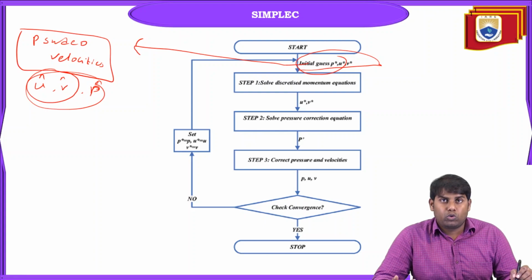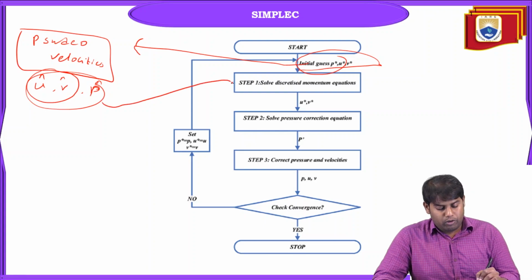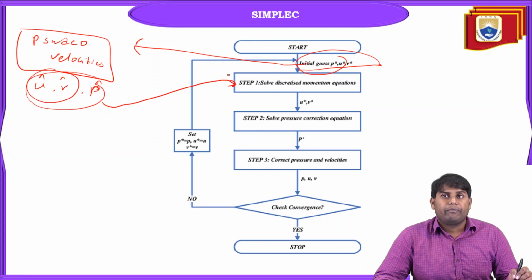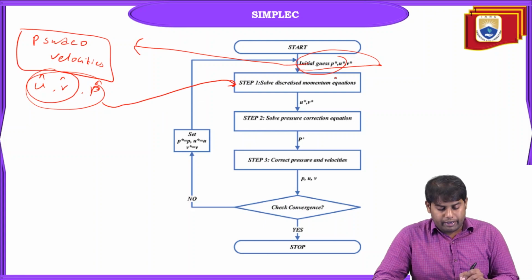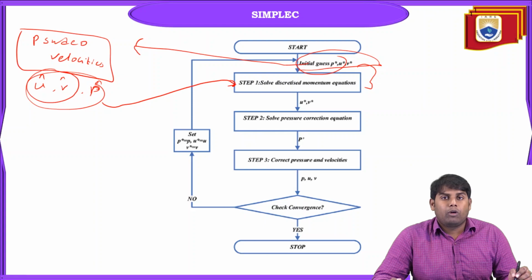So there is a concept called pseudo velocities. Whatever guess values we have, we use them in the momentum equations, and from that you get a pseudo velocity and pressure. These values will be an input for the discretized equation. So there is a step in between the guess value and the discretized equation, which we get by solving the momentum equation to obtain the pseudo velocities.